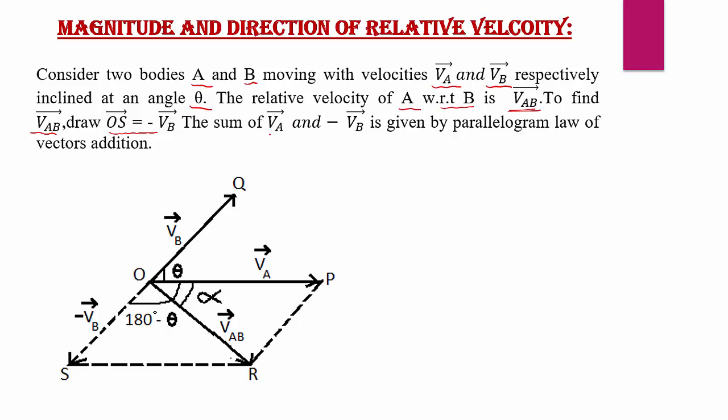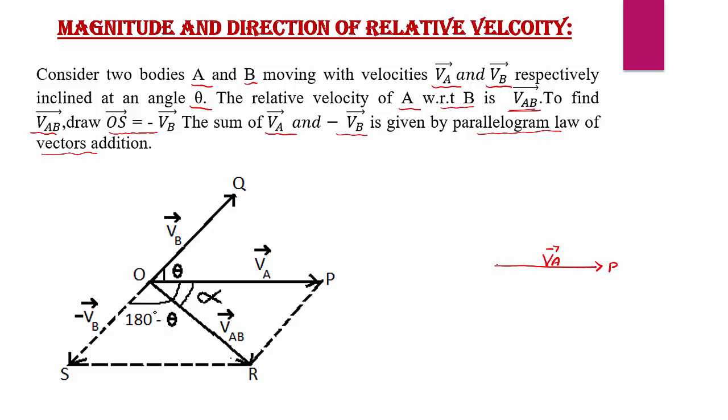The sum of VA and minus VB is given by the parallelogram law of vector addition. Observe here, we considered two bodies. This is the first body, that is A. It is moving along the line P, and this body A has velocity VA.